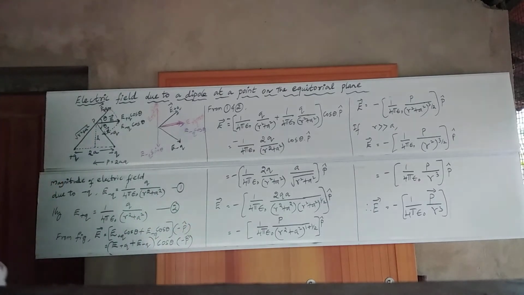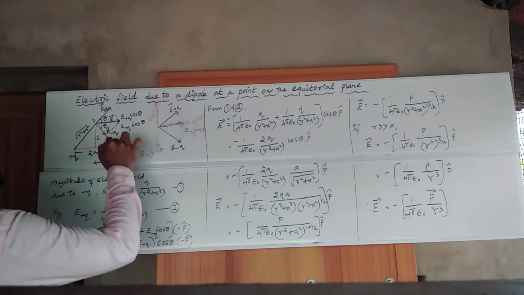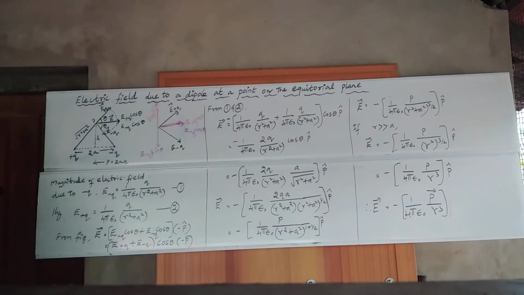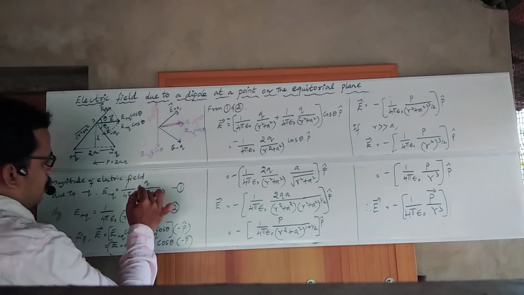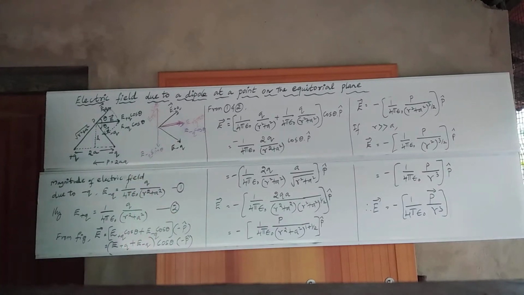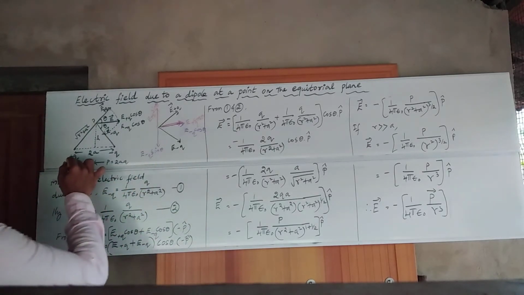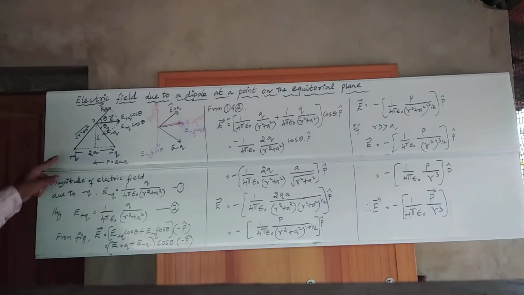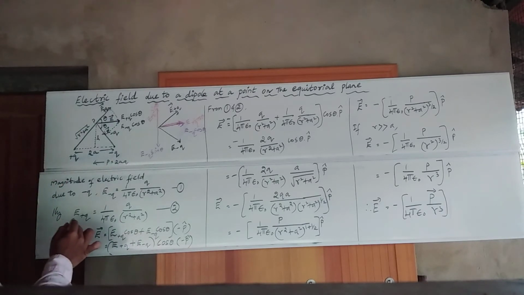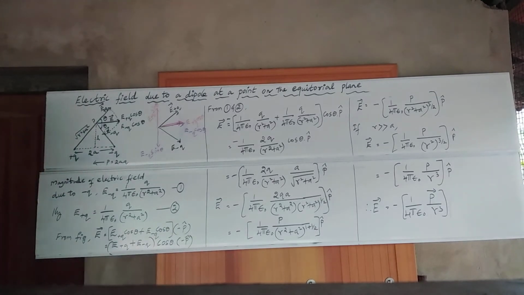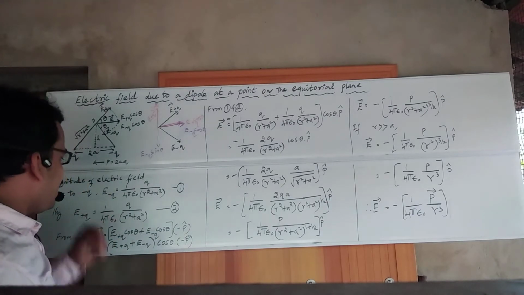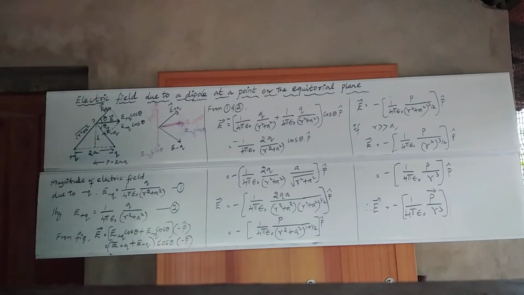The reason is the distance between this minus q and P is root of r square plus a square, so the square gives r square plus a square. Right. Similarly for plus q, electric field due to this plus q, I have written as E plus q equal to 1 by 4 pi epsilon naught, q by r square plus a square. Same equation. As we have not considered the direction or the sign of the charge, we can write like this. Only the magnitude we have chosen.